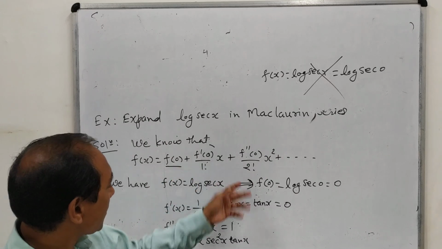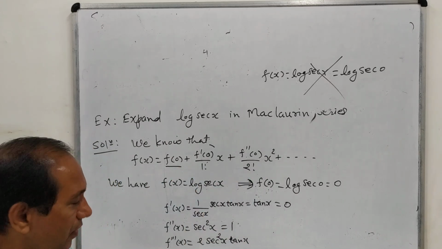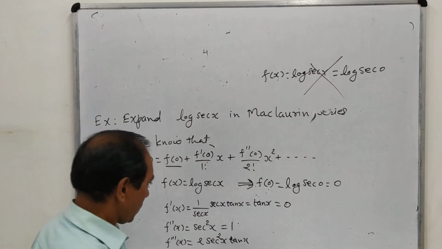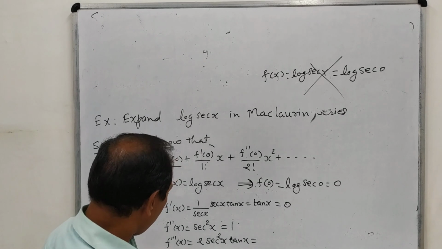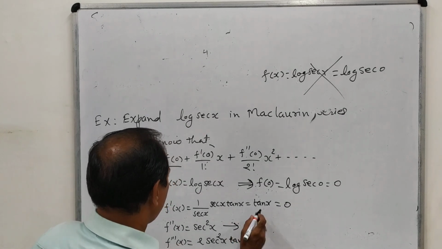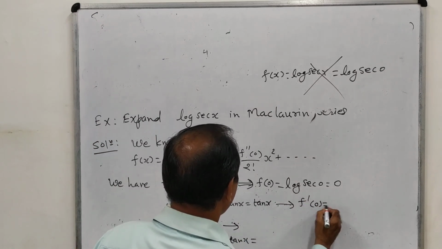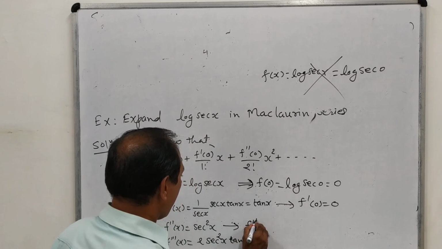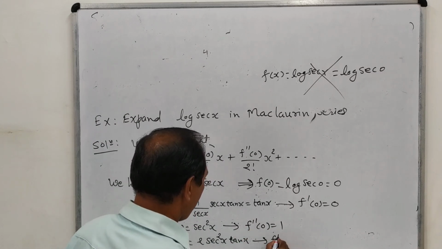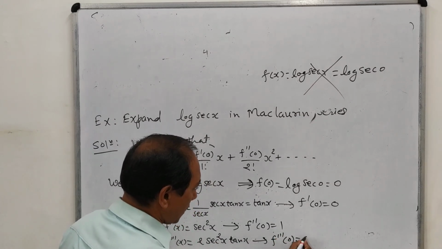So here you can see that the first two values we have obtained are 0. In the series expansion, only one term is there, and one term is not sufficient to present in series form. So we require more derivatives. Here f dash 0 equal to tan 0 is 0, f double dash 0 is 1, and f triple dash 0 is sec 0 into tan 0, that is 1 into 0, so it is 0.